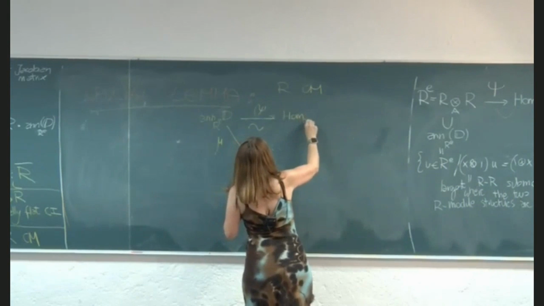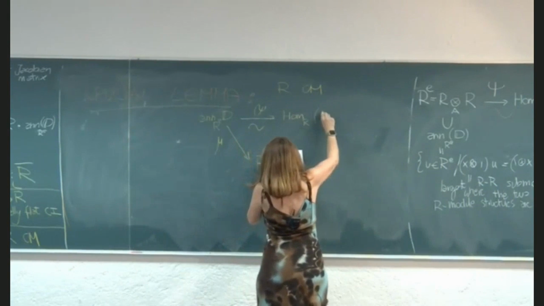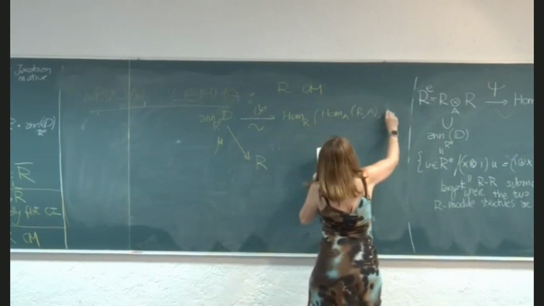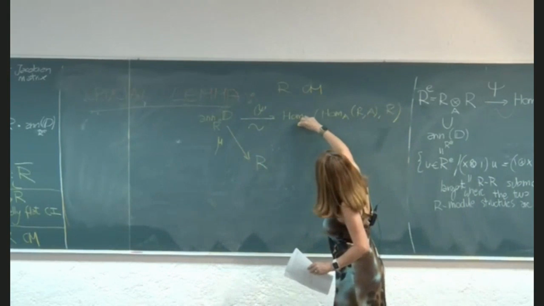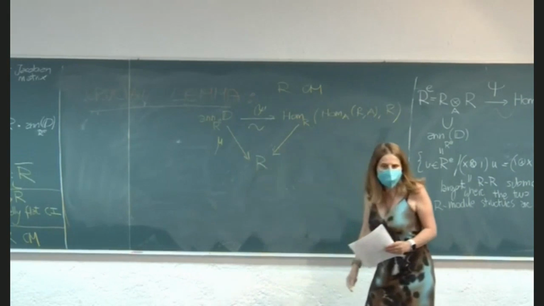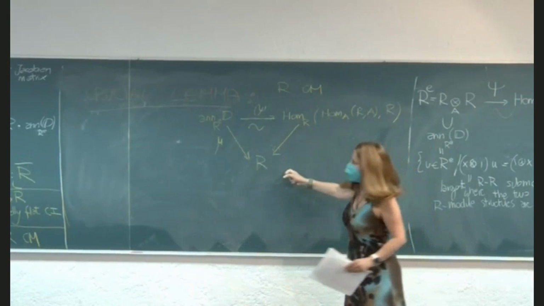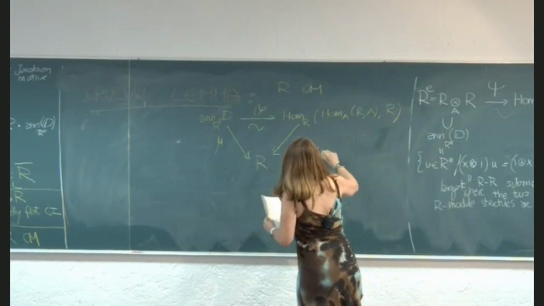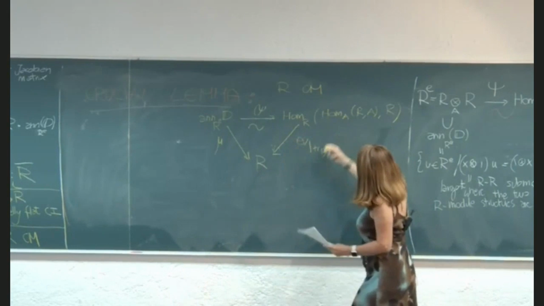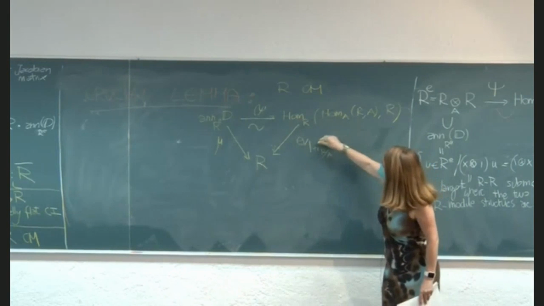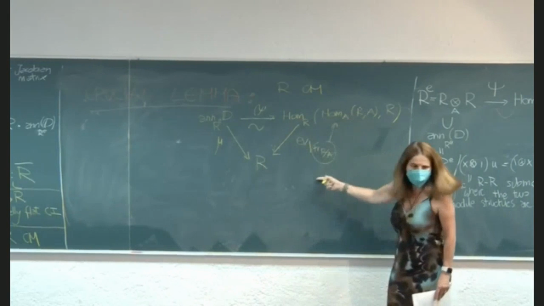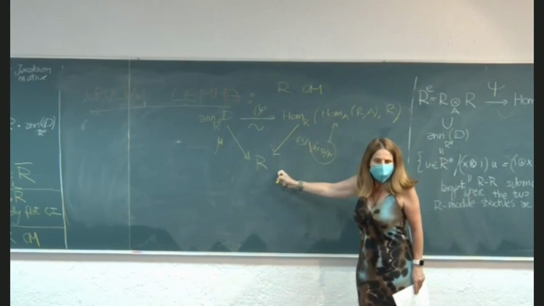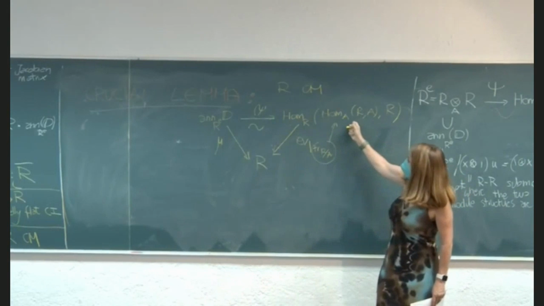And what the lemma says is that, if R is Cohen-Macaulay, you can factor this map. You can first go to the isomorphism there, the script phi, which, remember, is an isomorphism if R is Cohen-Macaulay, A of RA. So you can first go here, and then you can go down here. And which way do you go down here? You apply the evaluation map to the trace of R over A.